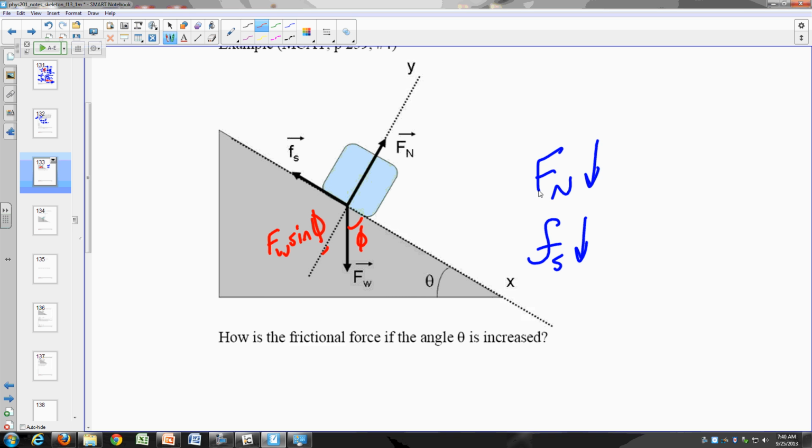If you're doing the cosine and sine like we normally do, you have to find the angle with respect to the x-axis, meaning you use the cosine for the x and the sine for the y. So this is equal to my normal force, and as that angle increases, or excuse me, as theta increases, phi decreases, and so the normal force also decreases. Or you can just think of the extreme where it goes all the way up, then the normal force goes away completely because it's not even touching the surface anymore.